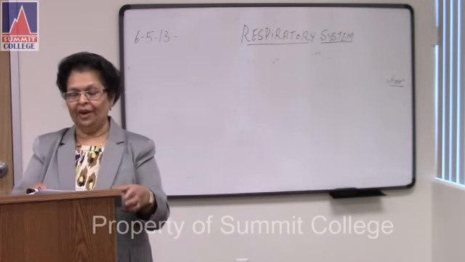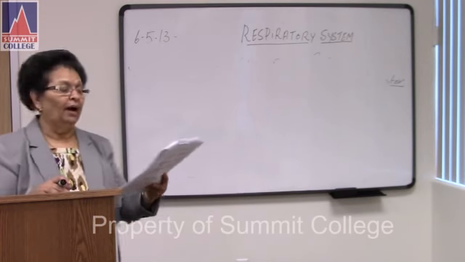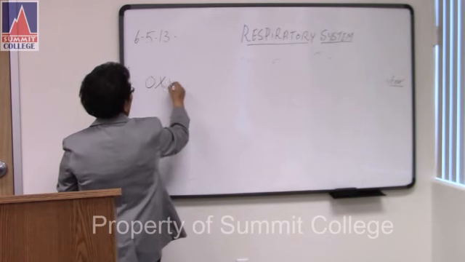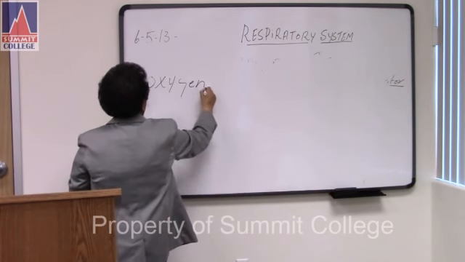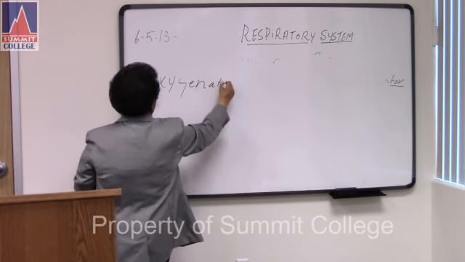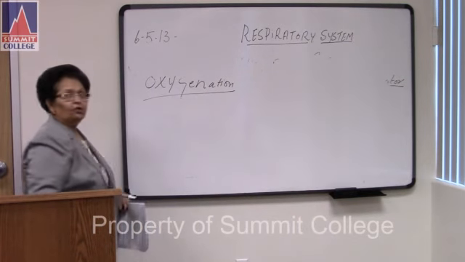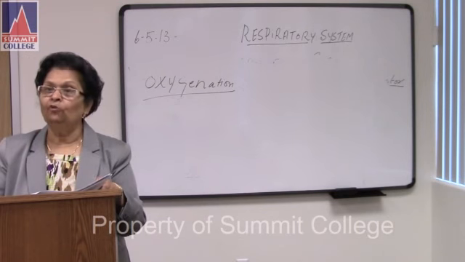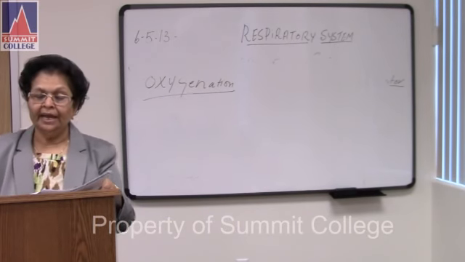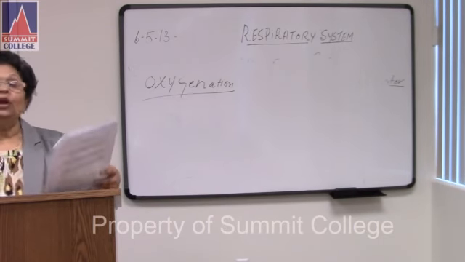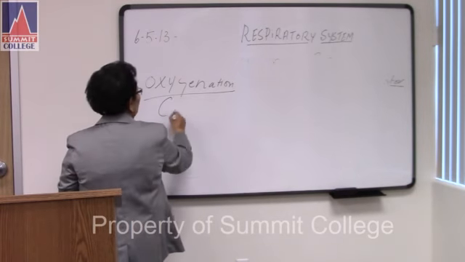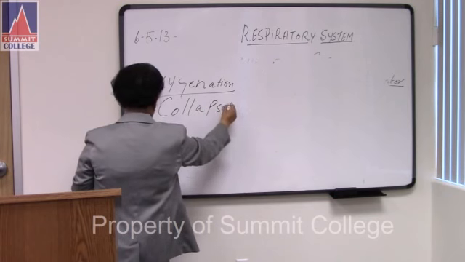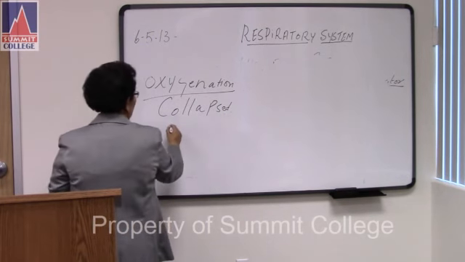I want you to add there, everyone should know why. It is to improve oxygenation. What are we improving here? Oxygenation. So everyone write down: you are attaching the PEEP setting to improve oxygenation and open collapsed alveoli.